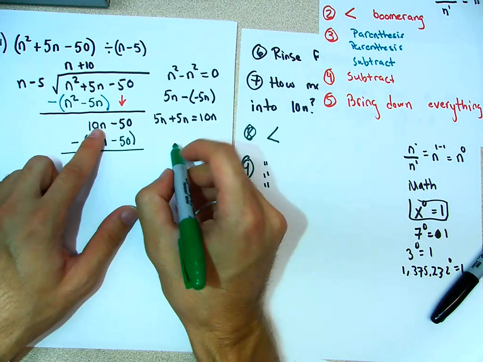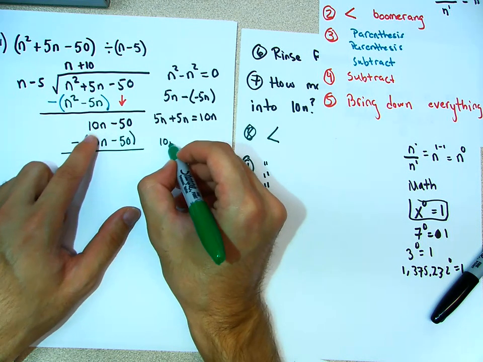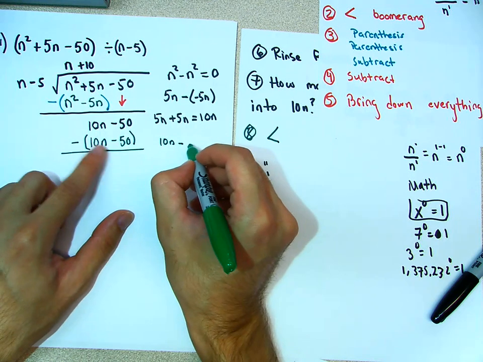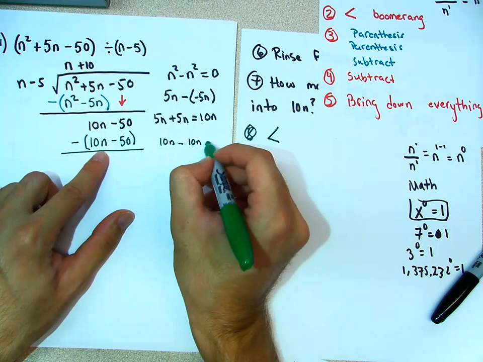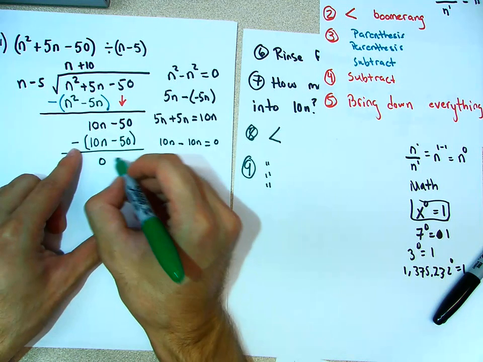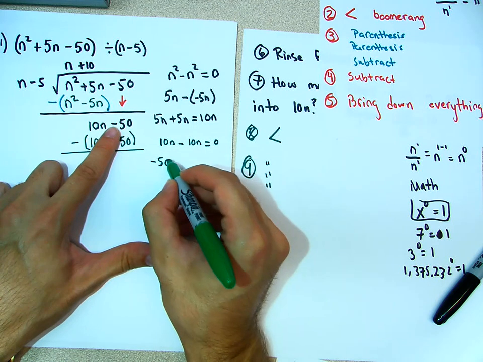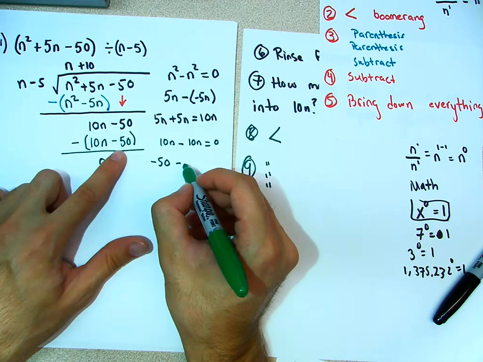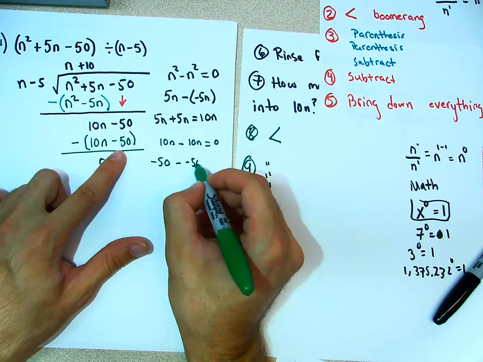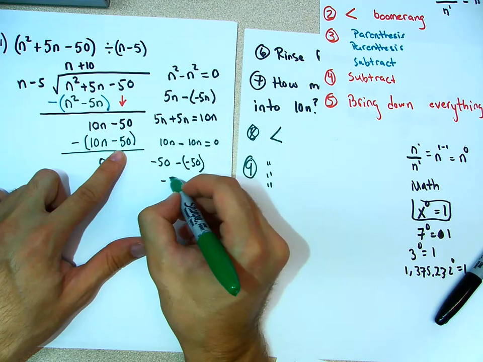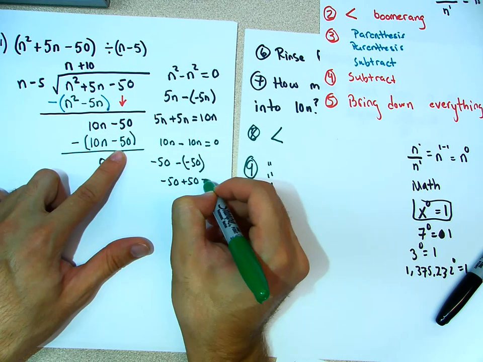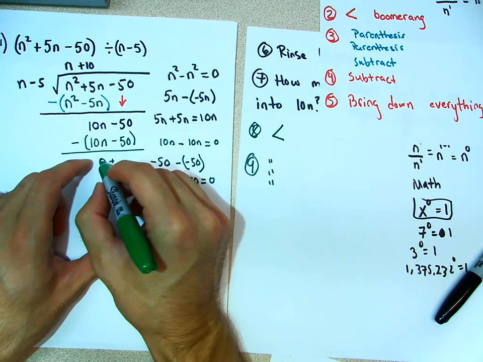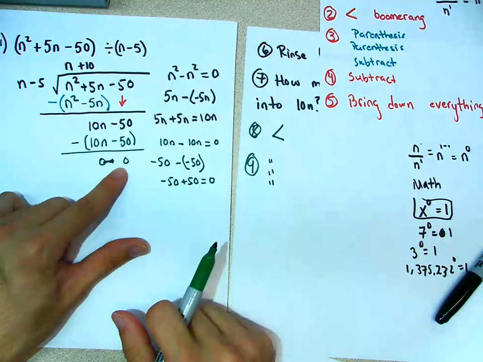You do 10n minus 10n. That's 0. Then minus 50 minus a negative 50 becomes minus 50 plus 50, which is 0. So you just have 0.